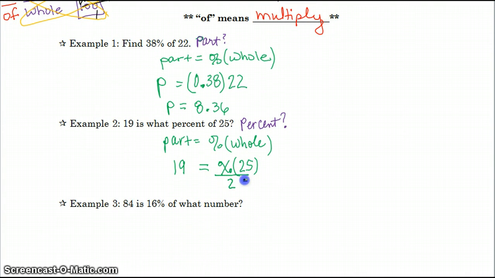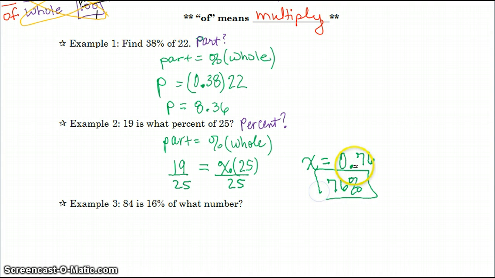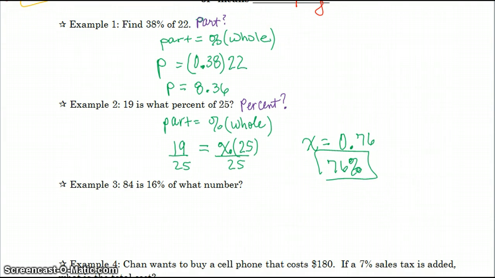We'll divide both sides by 25, and X is 0.76. That's the decimal form, so when it's asking you for percent, you'll say 76%, because to get a percent, we multiply times 100 and move our decimal to the right.